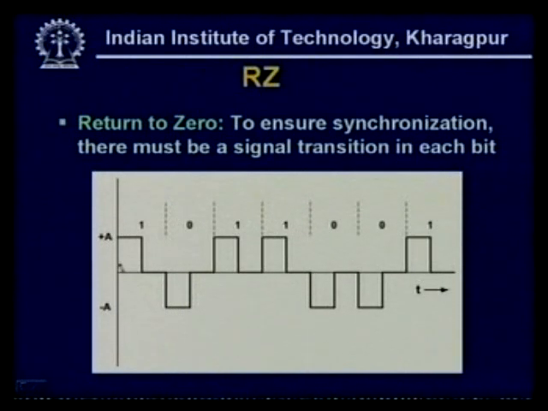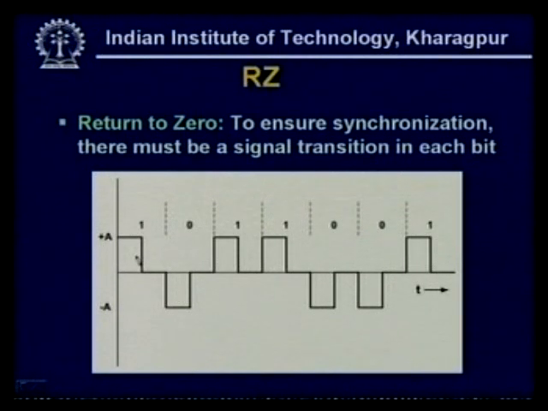So here we see for each bit there are two transitions. One is from low to high and another is high to low. So there are two transitions per bit taking place irrespective of whether it is 0 or 1.